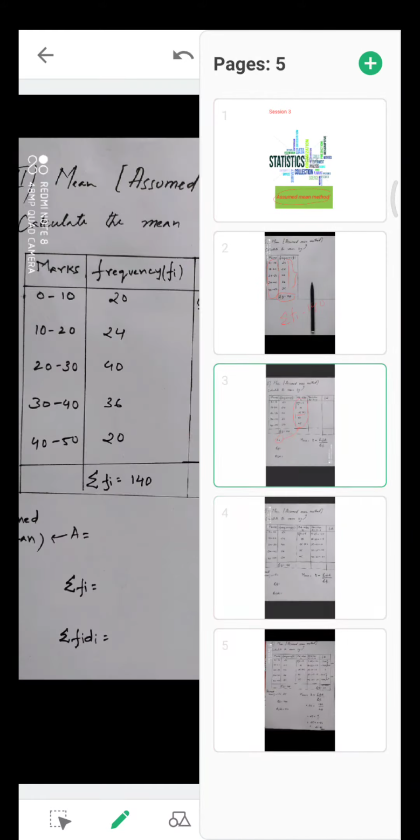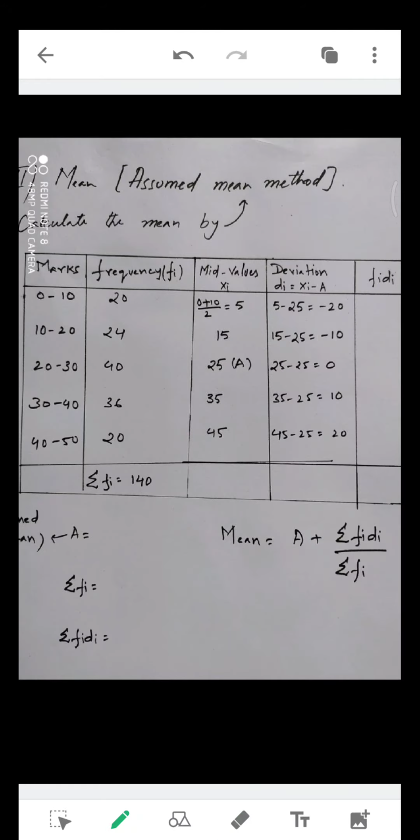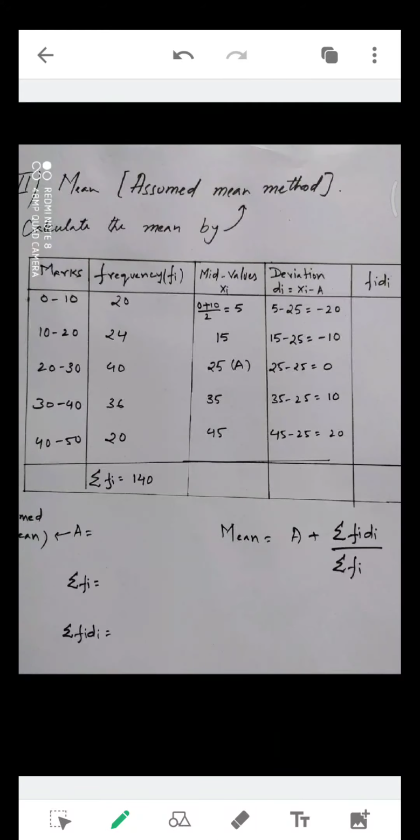Let's go to the next step. I just now told you what a is here. A is the assumed mean, so our a value is 25. Now what is di? You can see the fourth column, that is di. Di is nothing but deviation.